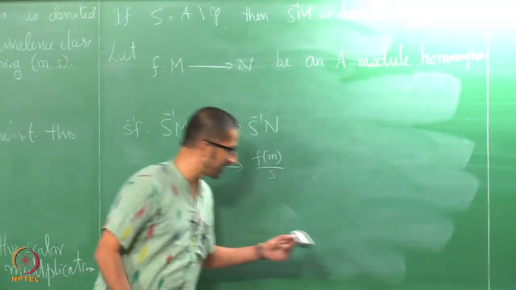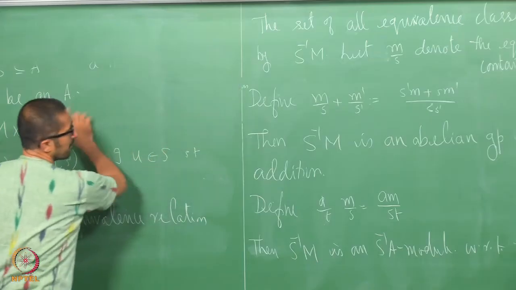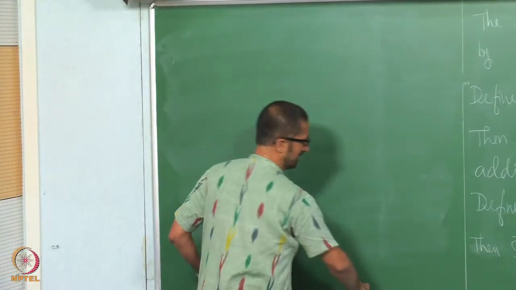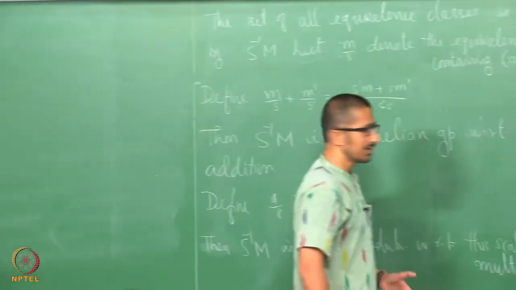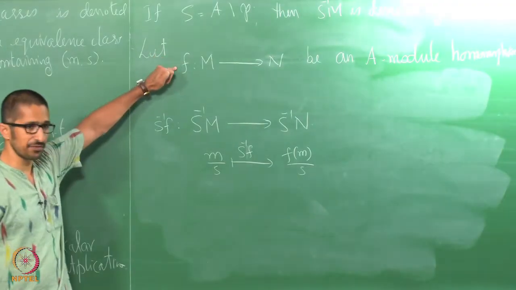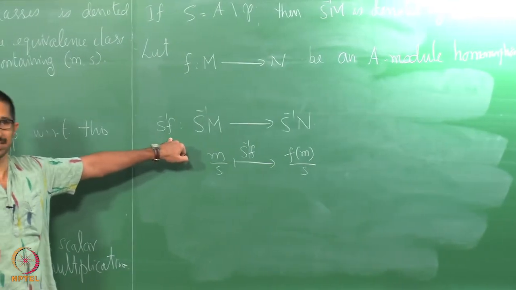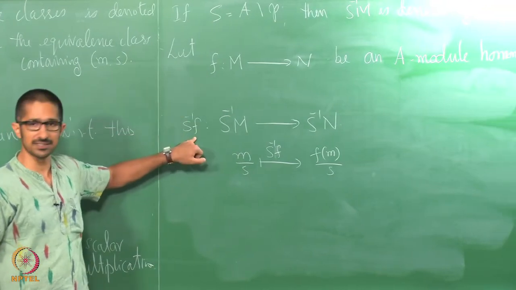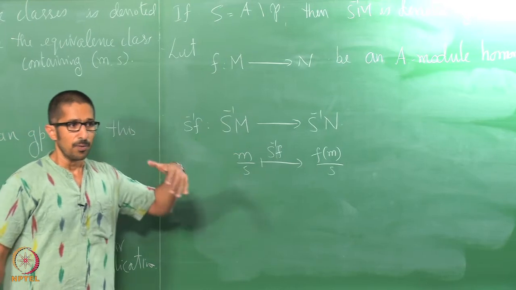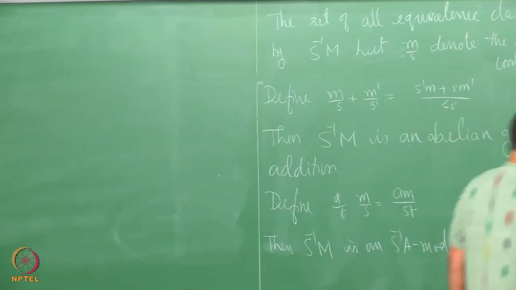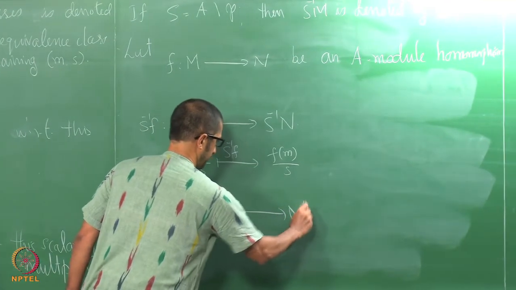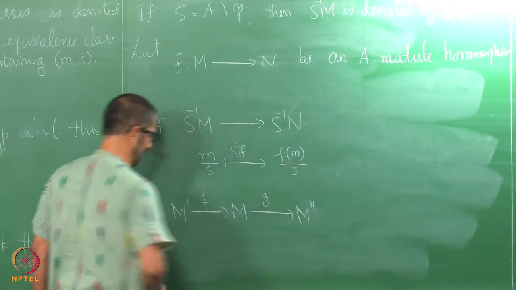So, therefore, you can immediately ask questions. You have a map f and that induces a map S inverse f. So, it is natural to ask how the properties of f and properties of S inverse f are related. If this is injective, can we say this is injective? If this is surjective, can we say this is surjective? Okay. More generally, suppose I have an exact sequence M' to M to M'', call this f, call this g.